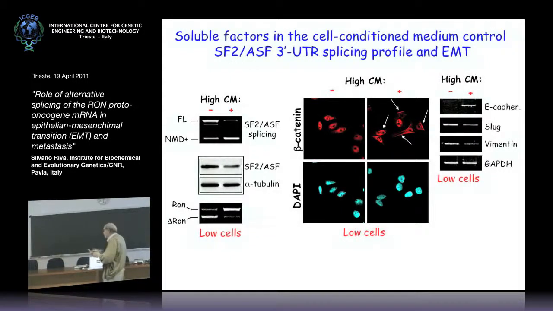In fact, this shows that if you have low density cells and you add conditioned medium from high density cells, you see beta catenin goes into the cytoplasm. So you have the markers of EMT activated, and the shift in splicing.